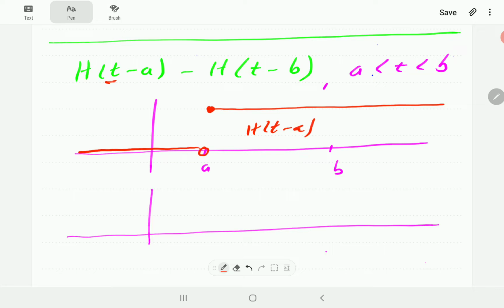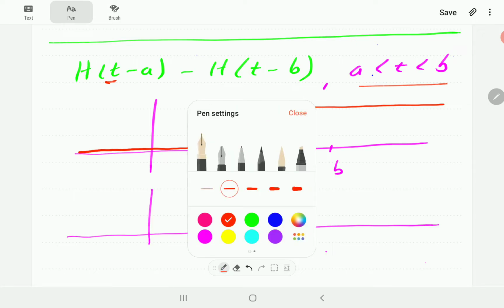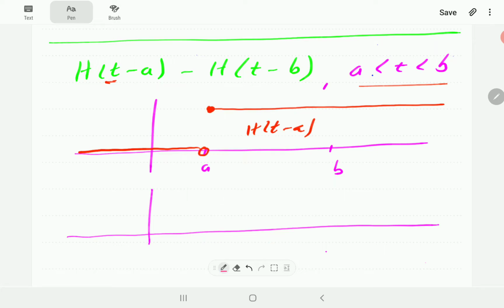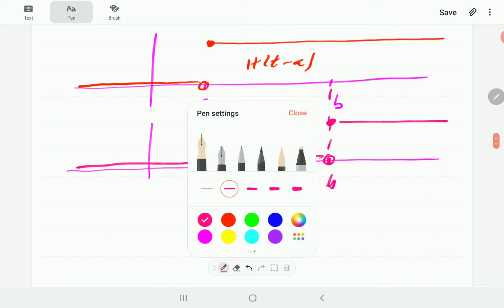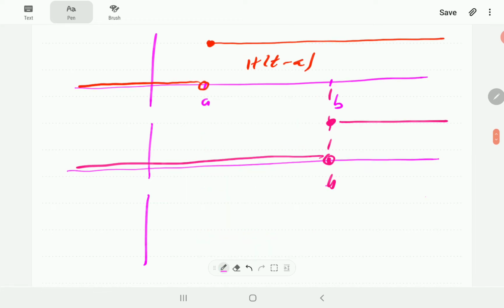Now we have just said that b is strictly greater than a, so h of t minus b is going to have a step at b. Again, the step is going to be to the right, so it's going to look something like this. Then we are going to subtract: the top one minus the bottom one.